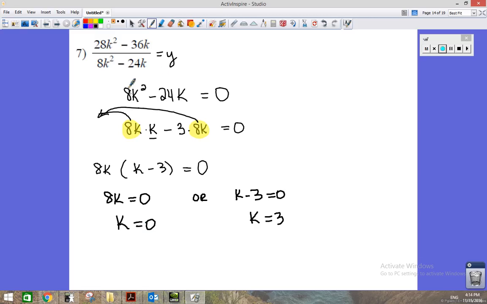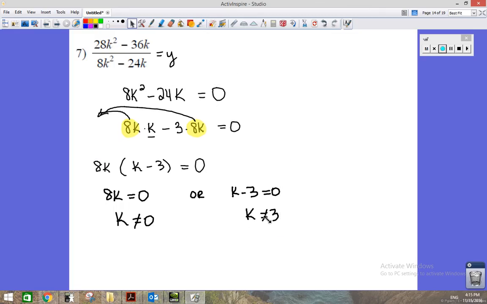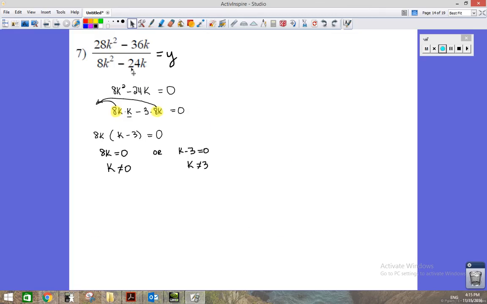So these are the solutions to this denominator being 0, and we do not want that to happen, because if you try to plug in k equals 0, there's not a related y value. If you try to plug in k equals 3, you have division by 0. We know it satisfies this equation. It makes this denominator 0. So those were the only two solutions to that equation.